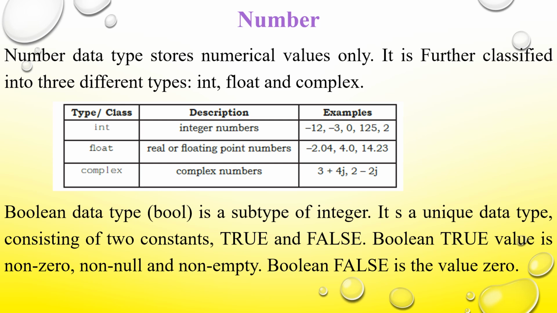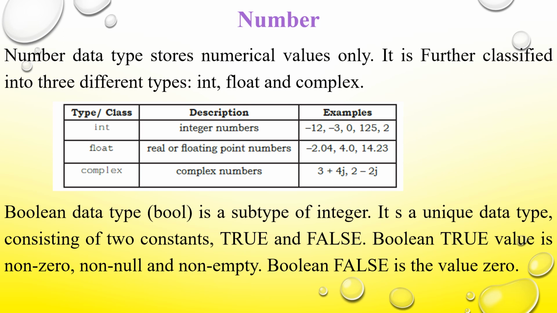Then another one, a subcategory in the integer data type, is the Boolean data type. It is a unique data type consisting of only two constants, that is you can have only two values, those are true and false. A Boolean true value is non-zero, non-null, non-empty, meaning it will be having any value.